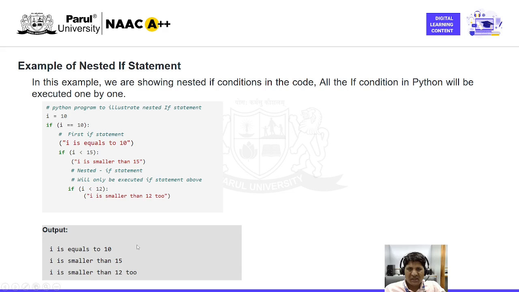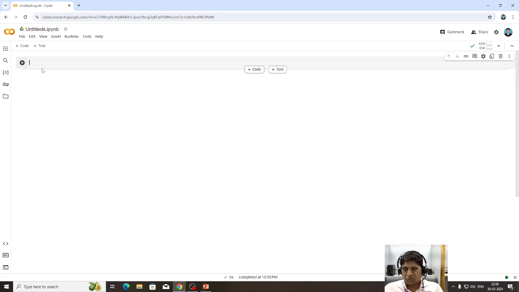For example, we will demonstrate it in Google Colab. Suppose, for example, right here I equal to 10. I write the same code that I explained to you in the example. I equal to 10, if I double equal to 10, the double equal is a check for equality. If the I value is equal to 10, then print I is equal to 10.